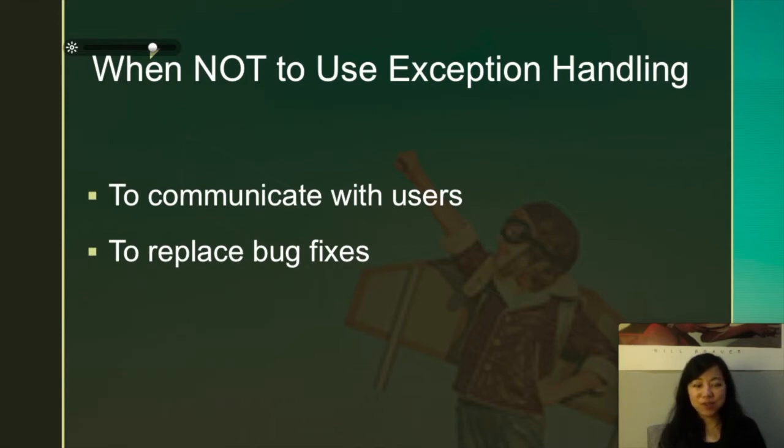Really important to know that exceptions are not for communication with users when they input the wrong thing or something that you didn't expect. It's not their fault. If they cannot enter the right input, you are to help them get to the right input.